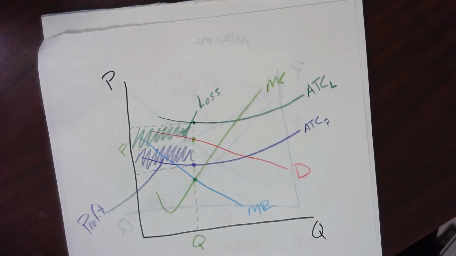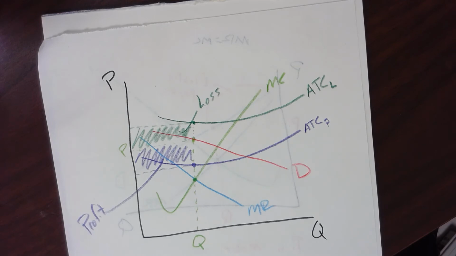Now, a couple things I want to remind you guys of so you don't get confused. First off, profit and loss do not appear on the same curve or the same drawing. I just simply put it on there for paper's sake.